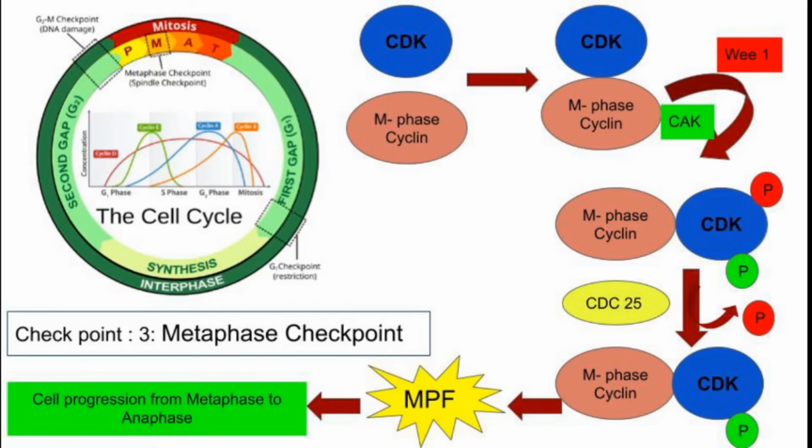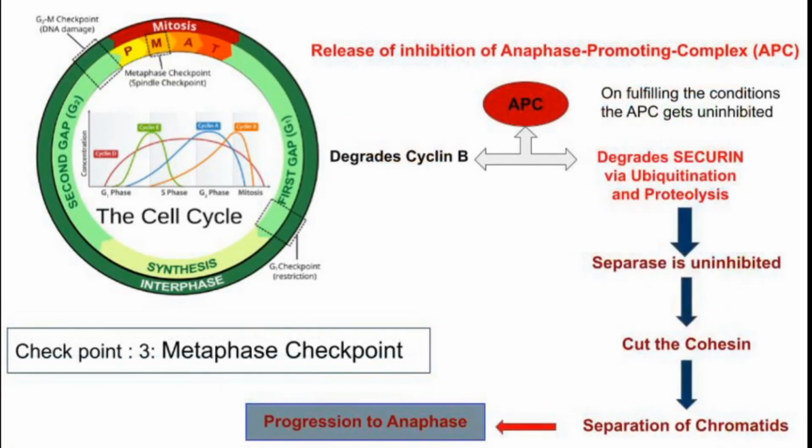As a result, it forms the maturation promoting factor, which causes the cell's progression from metaphase to anaphase. Further, release of inhibition of the anaphase promoting complex, APC, has an important role in the progression of the cell from metaphase to anaphase.